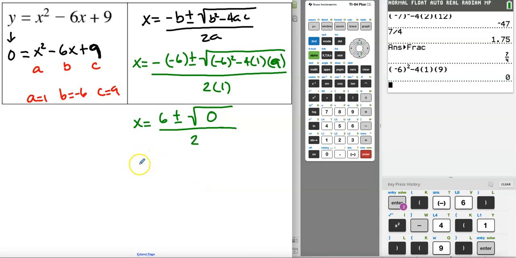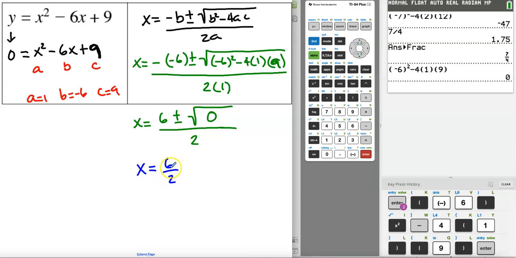So now what do I have here? So now you basically have just one solution. Because if you take the square root of 0, it's just 0. It's nothing there. So x is equal to 6 over 2. The plus or minus goes away because the square root of 0 just makes 0.